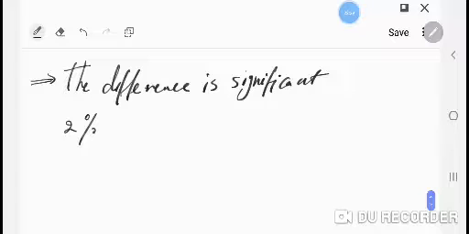Note that we have used the two-tailed test probability level because we did not state in advance that only a result higher or lower than before would be of interest.